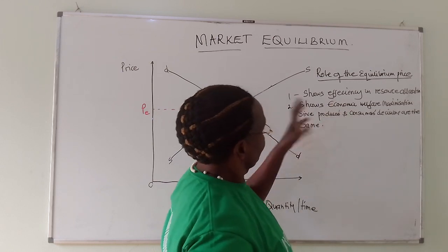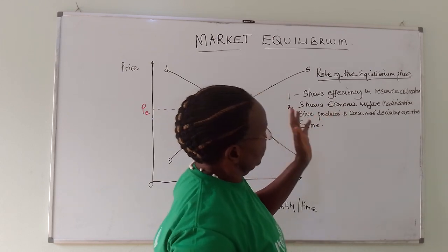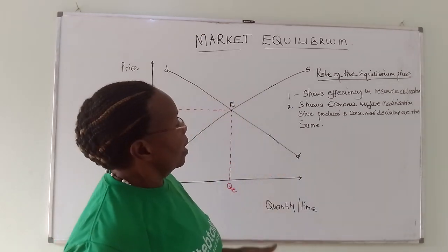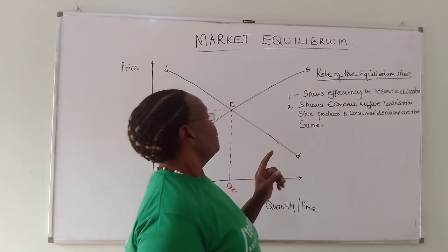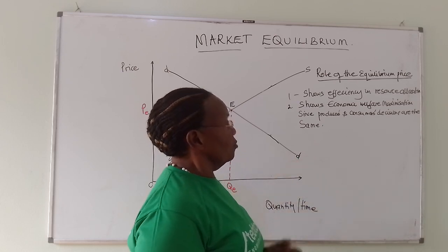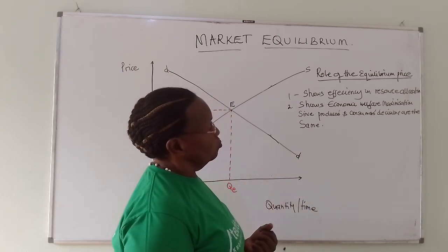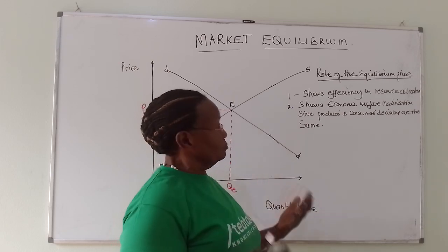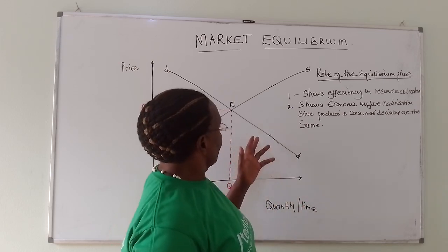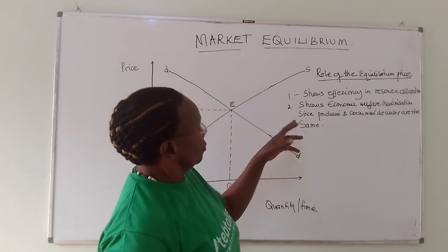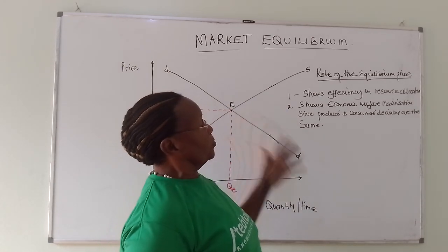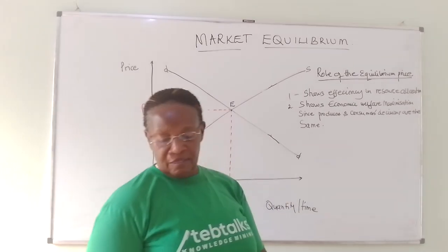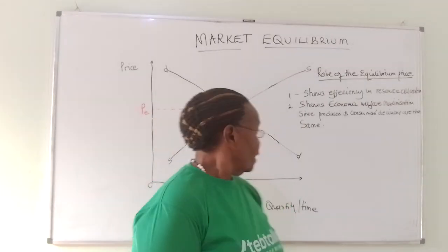As we have seen in the first case, that resources are efficiently allocated since there is no shortage or there is no surplus. So even here, economic welfare is maximum. Consumers who are going to satisfy their needs or wants are going to be enjoying maximum satisfaction out of the goods that have been availed by the producers, because the producers were able to produce just enough of that commodity which is wanted by the consumers.